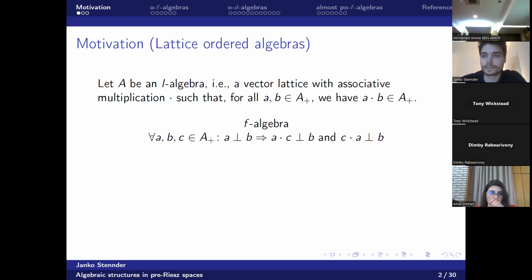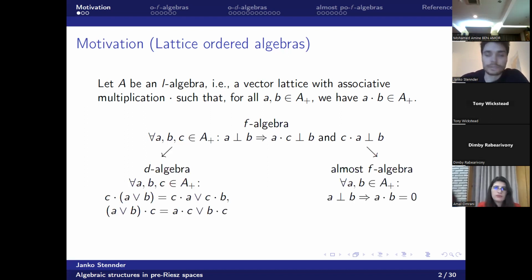For example, the well studied and probably the lattice ordered algebra with the richest theory are the f-algebras, where if we have two positive disjoint elements, and we multiply them from the left or from the right by some other positive element, then they're still disjoint.